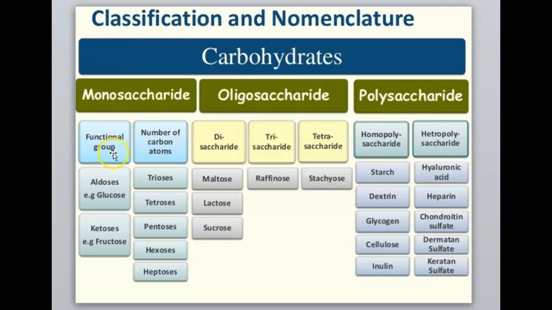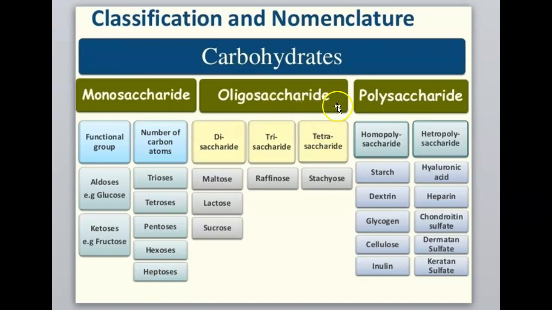Depending upon functional groups, the monosaccharides are classified into two types: first is aldoses, example glucose, and second is ketoses, example fructose. Second, depending upon the number of carbon atoms present in the structure, monosaccharides are classified as triose, that is 3 carbon atoms, tetrose, 4 carbon atoms, pentose, 5 carbon atoms, hexoses, 6 carbon atoms, and heptoses, 7 carbon atoms present in the structure.